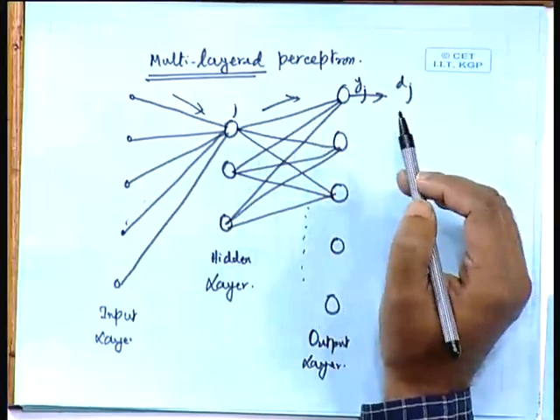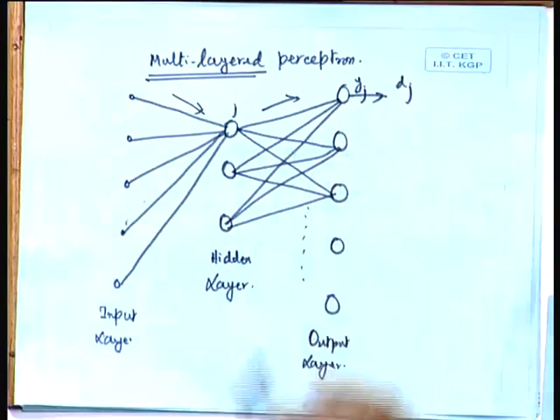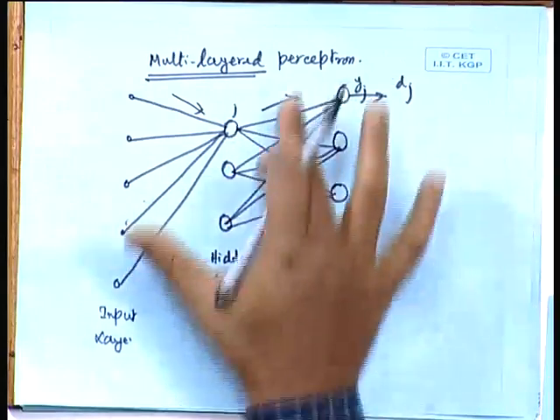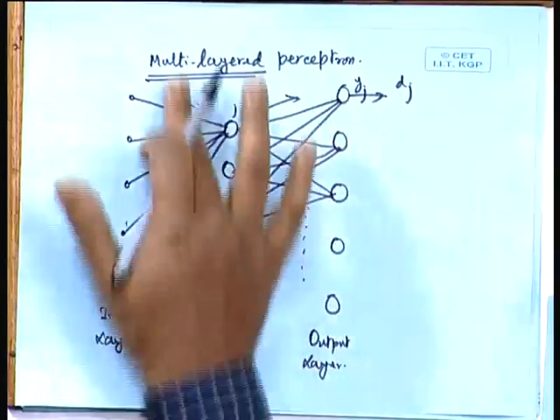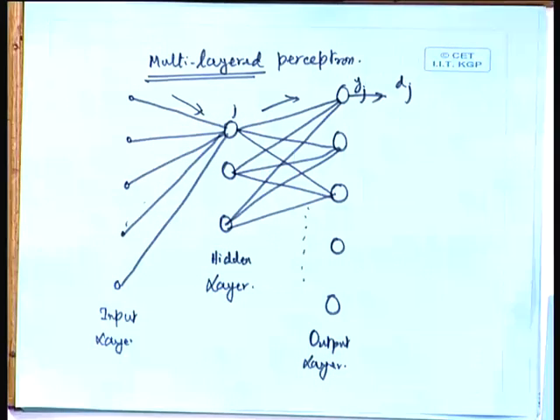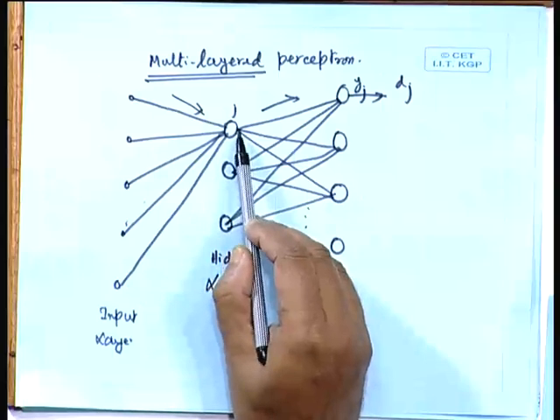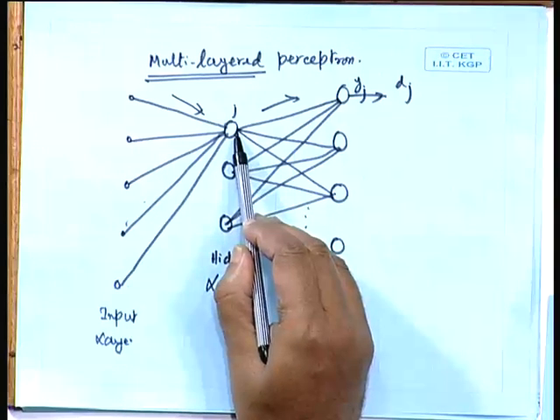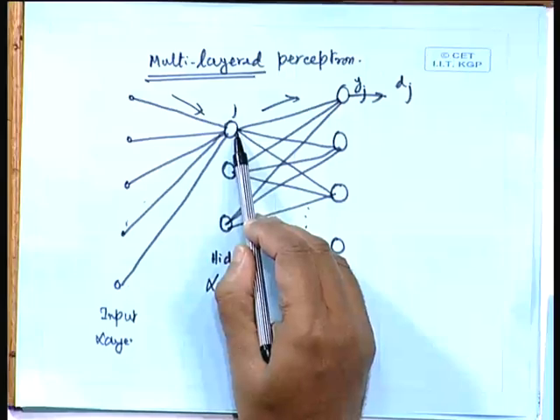But if somebody asks me the question, that is well and fine, you can adjust the weights belonging to this layer, but how about weights belonging to this layer? I cannot do it, because in order to adjust the weights over here, I have to get an equivalent picture, that I know what the equivalent desired output should have been at this stage.